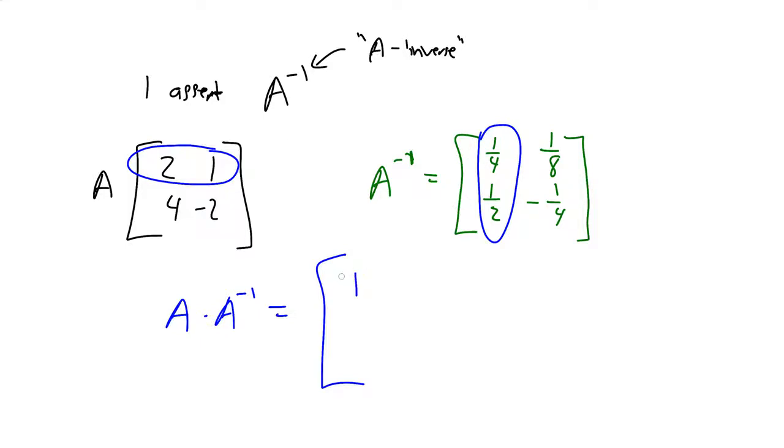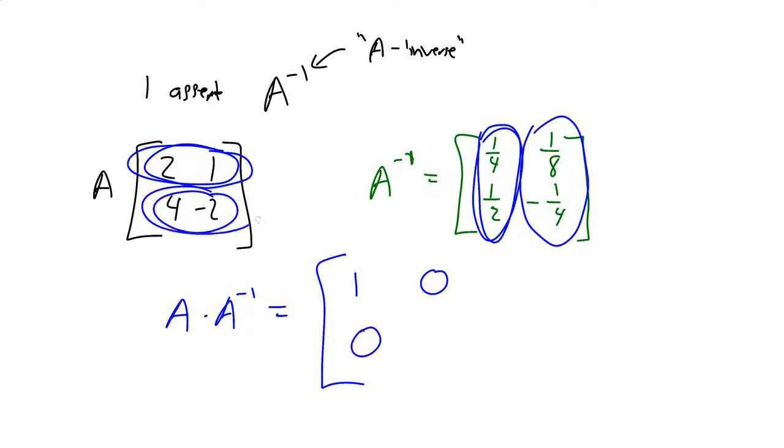That gives us 1. 2, 1 dot producted with that thing is going to give us 2 divided by 8 is 1/4 minus 1/4, so that's 0. And then you do the same thing here. 4 minus 2 times that, I bet you get 0. And 4 negative 2 dot producted with that, I bet you get 1. And so lo and behold, you get the thing out here like this, right?